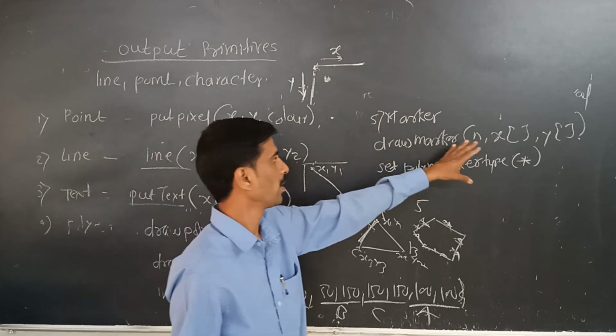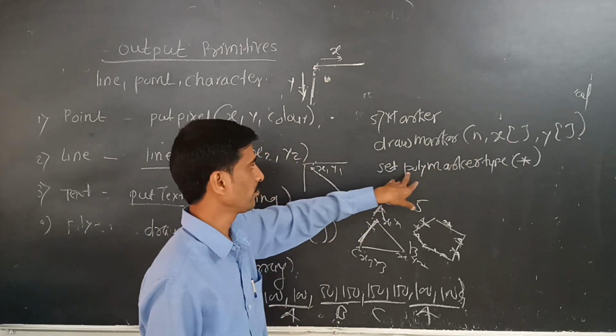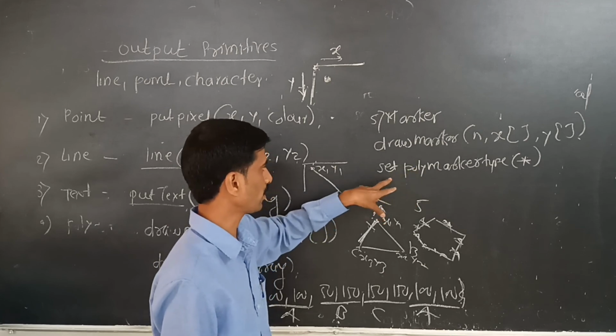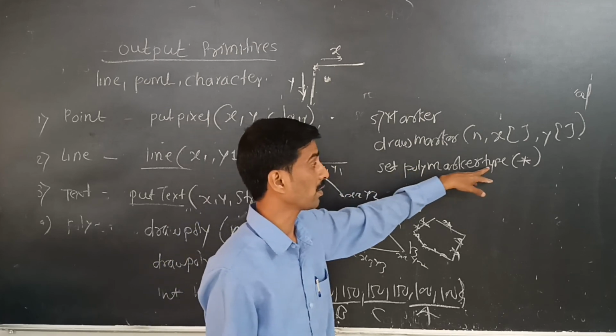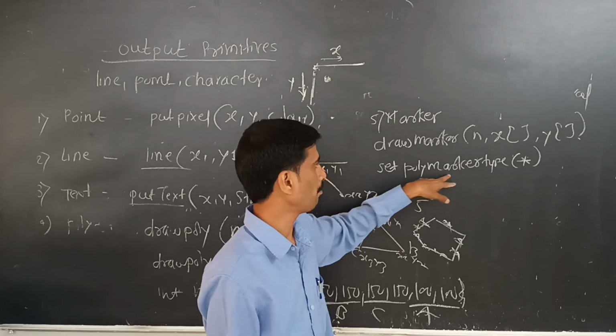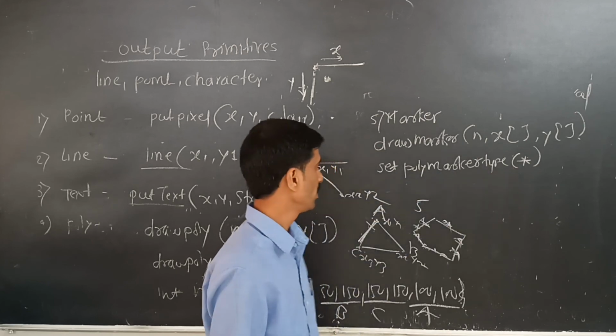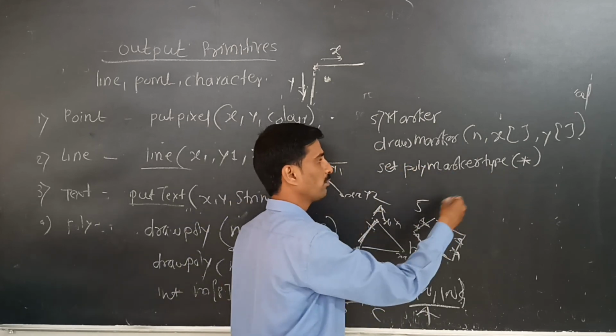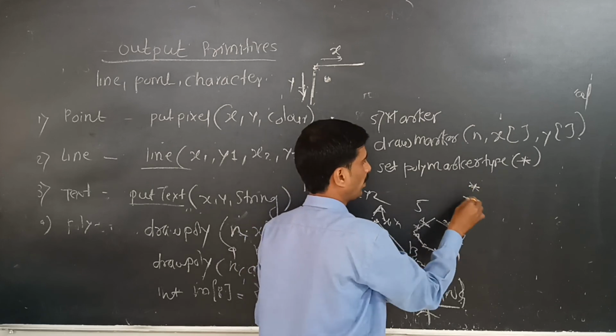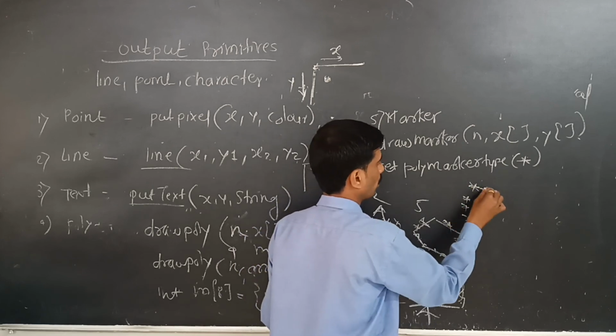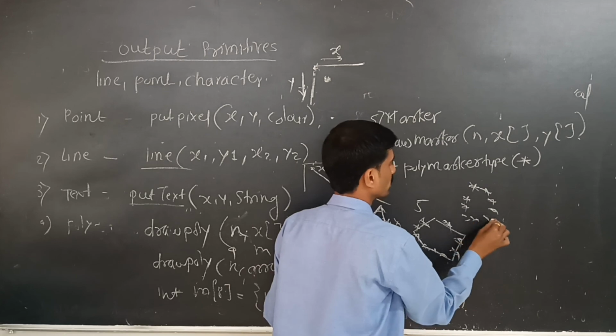The same function is there, but we set the marker using set poly marker type. Set poly marker type is star, which means the polygon will be drawn with the help of stars.